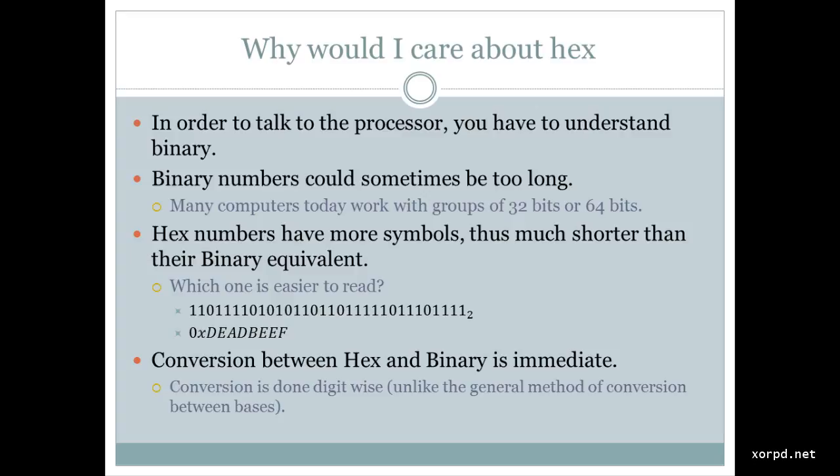Binary numbers could sometimes be too long. This is important. Binary numbers are very comfortable to work with, mostly because they have only 2 symbols, 0 and 1. It's so simple. However, sometimes they become too long, mostly because they have so few symbols. Many computers today work with groups of 32 bits or even 64 bits.